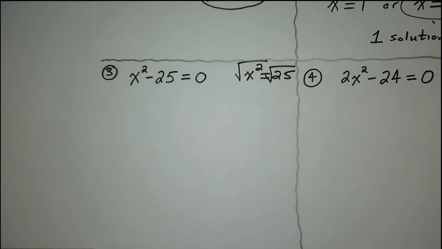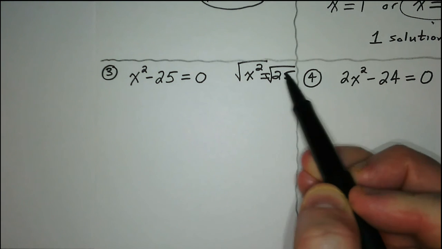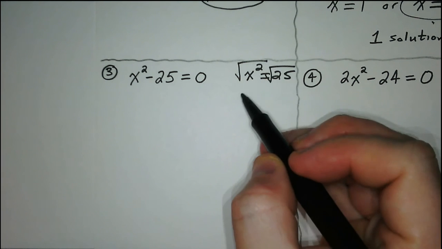You are actually allowed to take the square root of both sides, just like adding 5 to both sides, subtracting 7 from both sides, or dividing both sides by 2.